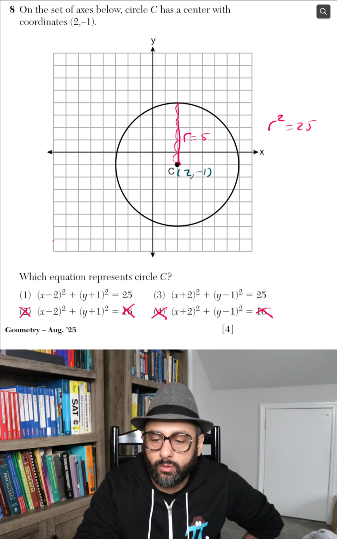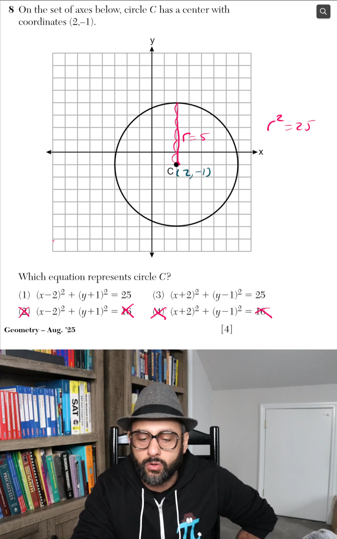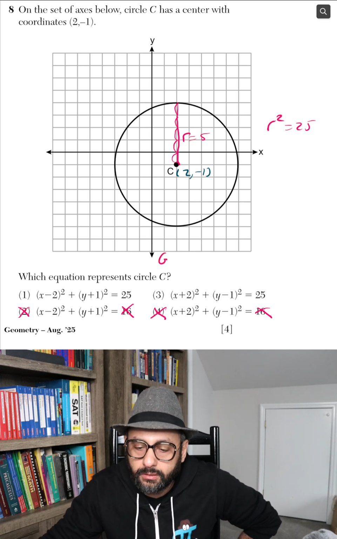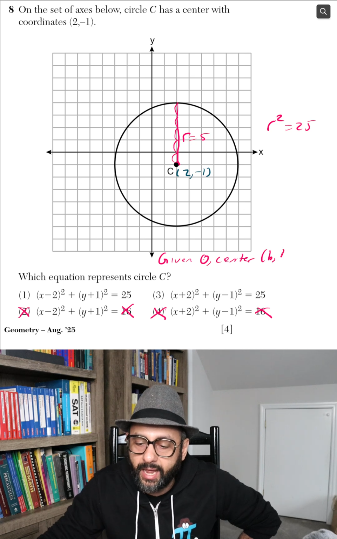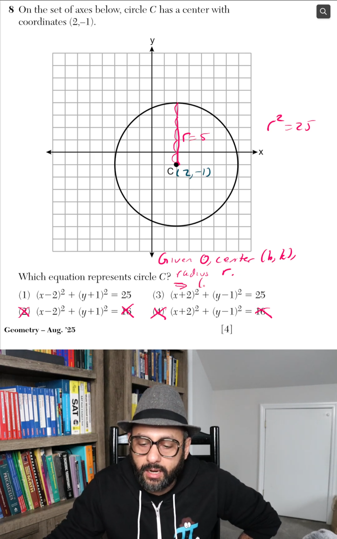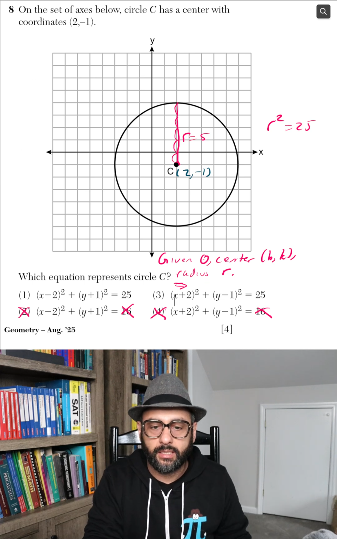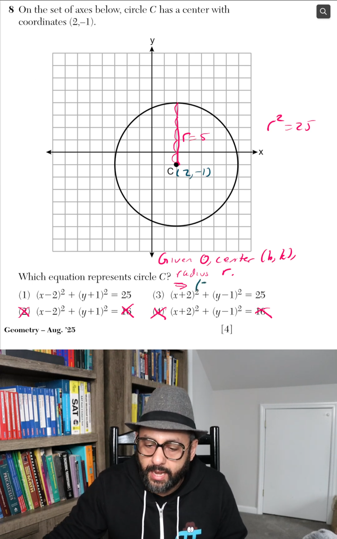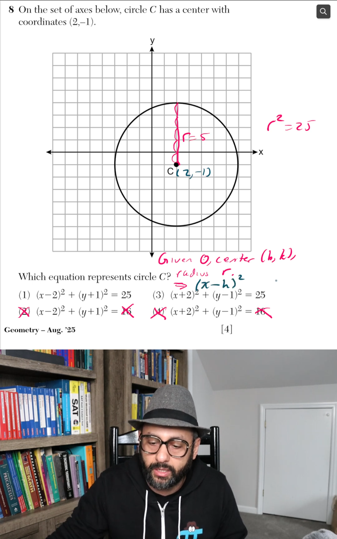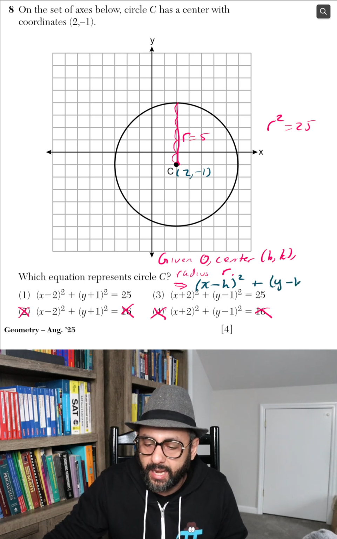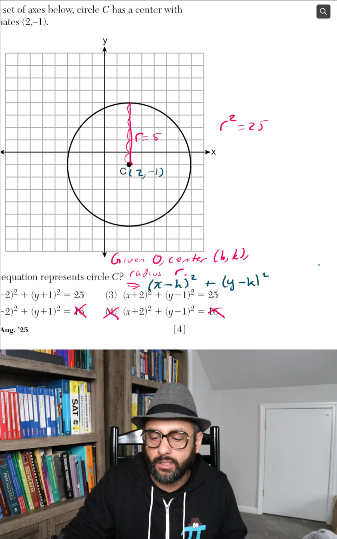So now what is the piece of information that you have to know for the purposes of this problem? Given a circle with center (h, k) and radius r, that implies that x minus h squared plus y minus k squared equals r squared.